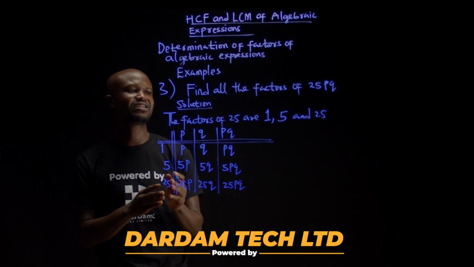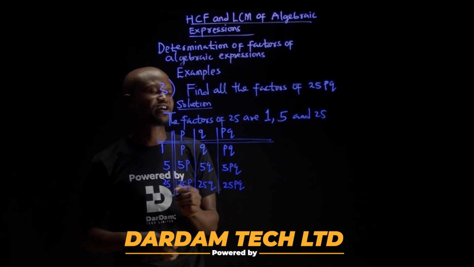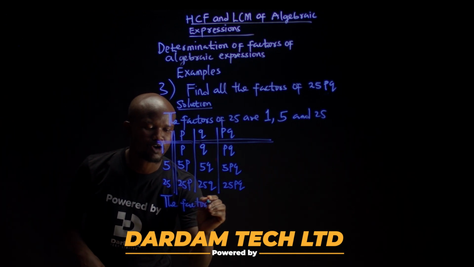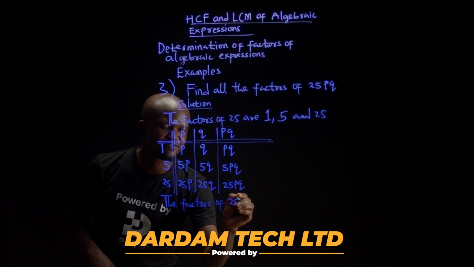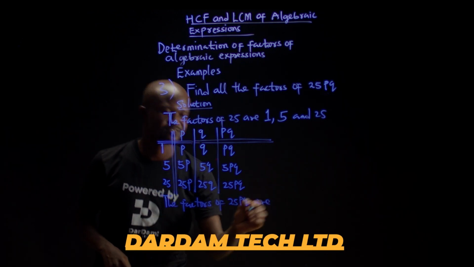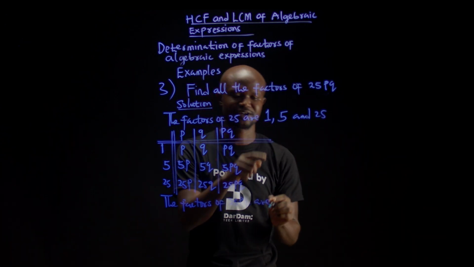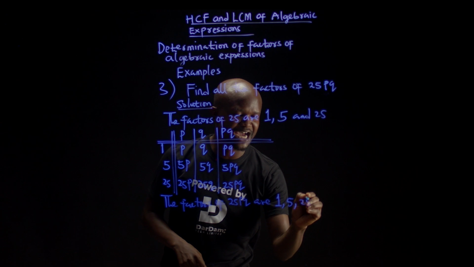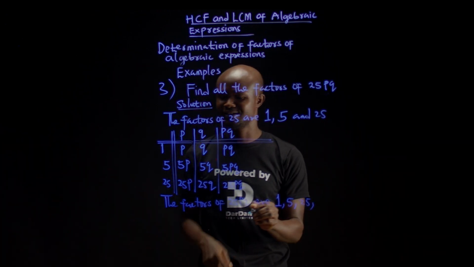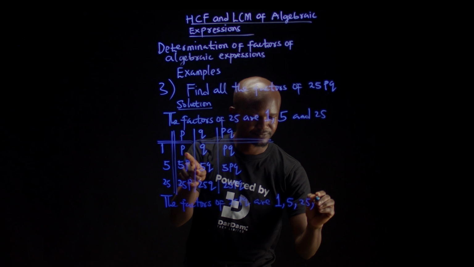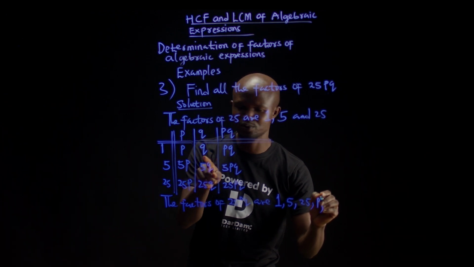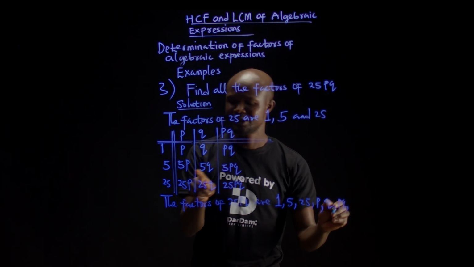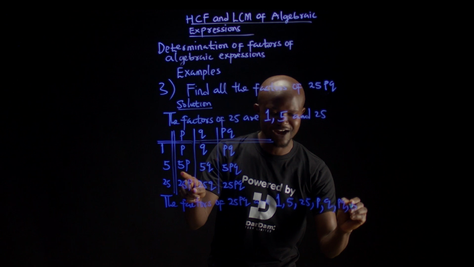Now let's list out all the factors of 25PQ. The factors of 25PQ are, what are the factors? We start with the numeric: 1, 5, 25. Then we list out what we have here. Look at P. Then we have Q. We have PQ. The next one, 5P.